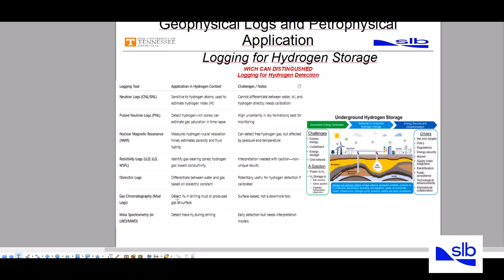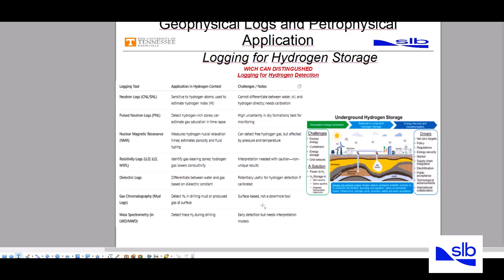We also have detection of hydrogen during drilling. This is gas chromatography, a mud logs technique, highly sensitive during drilling, to detect the presence of hydrogen gas produced at surface.